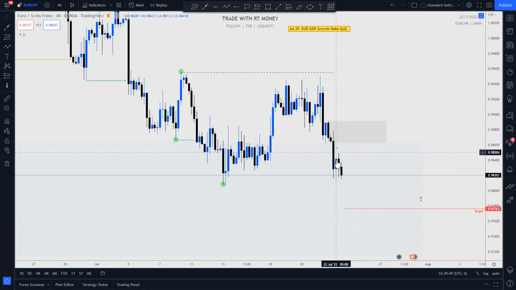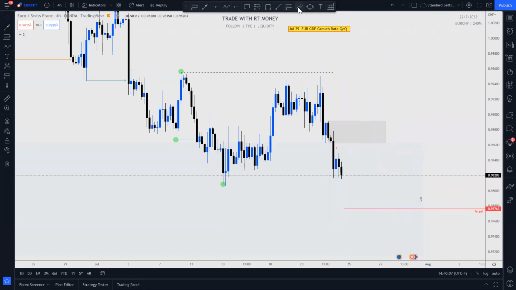This is inefficient price movement. Price would like to rebalance that. That imbalance has to be rebalanced, and I like to see the imbalance. I like to see a fair value gap where there is an unmitigated zone of supply.